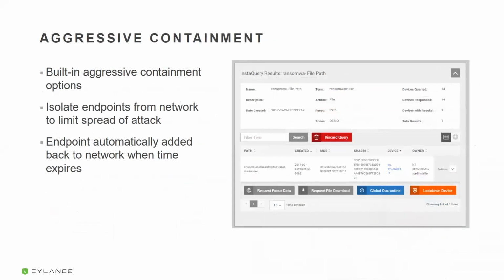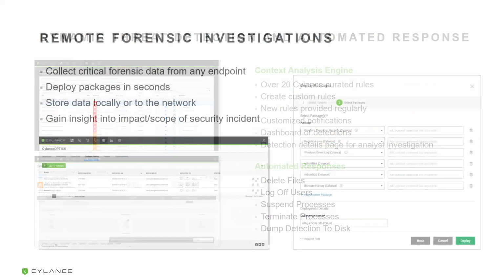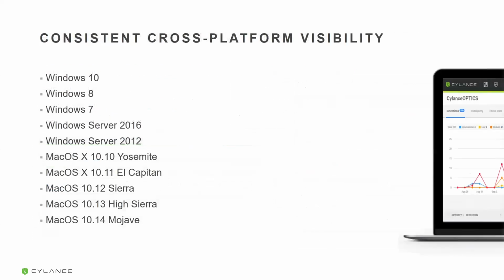You can also contain potentially malicious endpoints or endpoints that might have been compromised, and do investigations on those so that they don't continue to harm your environment. Again, we'll talk about the threat detection and response capabilities of the product in more detail, as well as our remote forensic investigation capabilities.